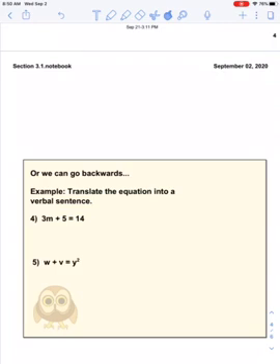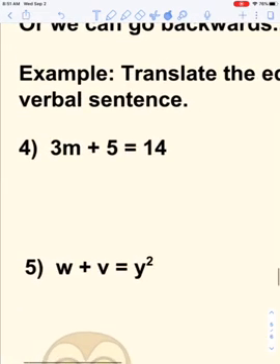Try to use the word sum, difference, product, increased, decreased, more than, less than. Something that would help us identify this in a more sophisticated way. So this says 3m plus 5 equals 14. So I'm going to verbally tell you some things that you can write down. You can pick something and write it down.